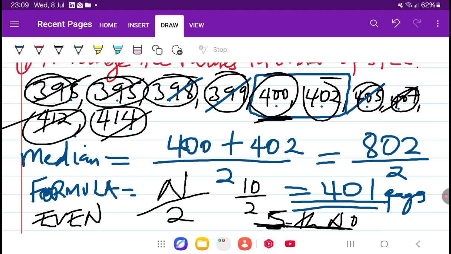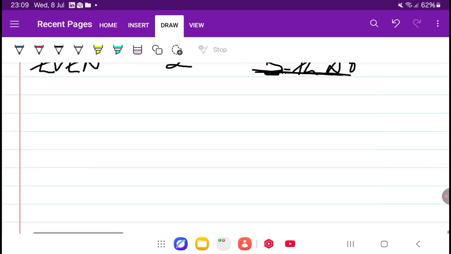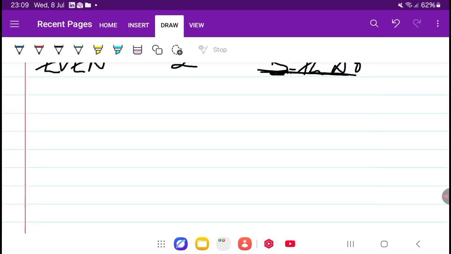So that's all that we can talk about as far as the median for a data set that does not have frequencies, or that is not within a distribution. Now I want to look at the median from the point of view where we have frequency distributions.